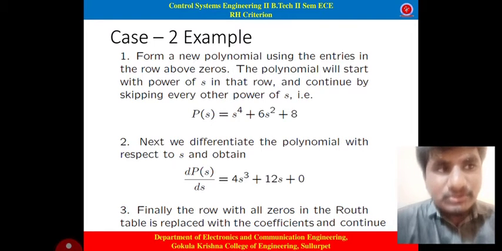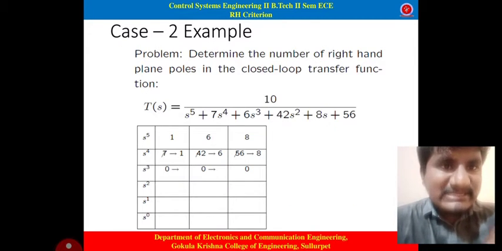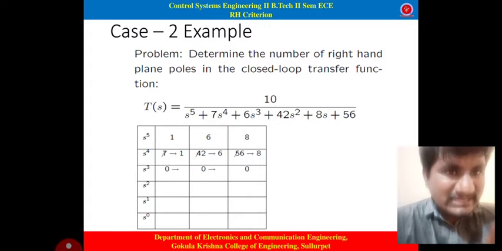Just before that row, some non-zero terms are there, right? So you take that particular row. In our case the s power 4 row is there. The coefficients are 1, 6, 8. See how they cancel: 7, 42, 56, all three numbers are divisible by 7, so they have been divided by 7.